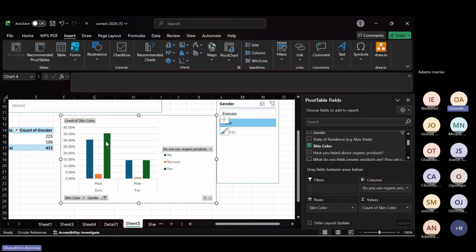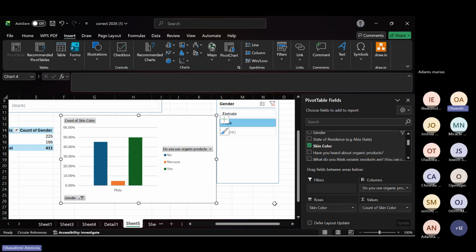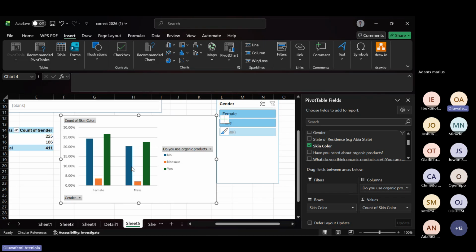So it is now dependent on what angle you want to take your analysis to. If you want to say, okay, skin color does not matter, we just want to know if they use organic products or not, what I just did was remove skin color out of this. Are we still following? So we only have gender and do you use organic products? We can see not sure is quite small, meaning we can remove the not sure option out of this analysis.